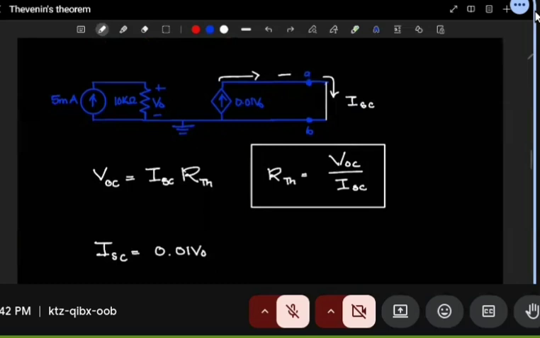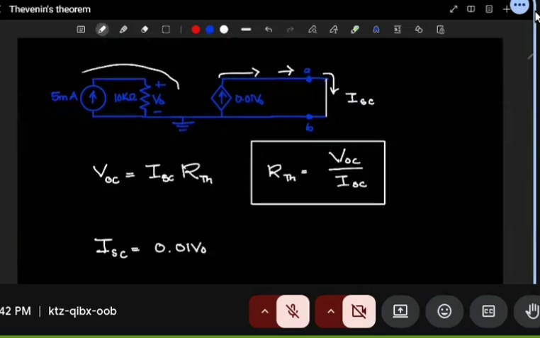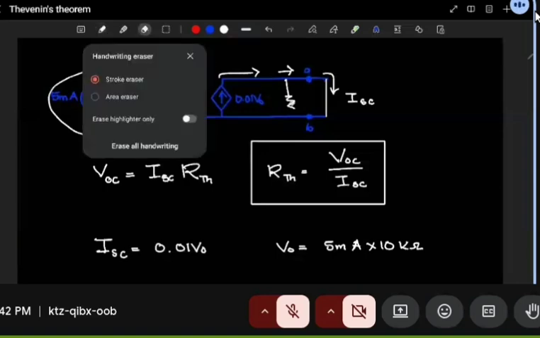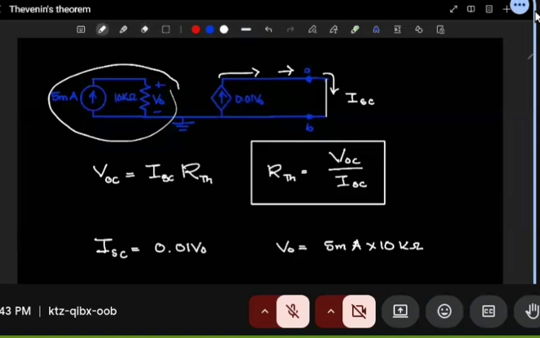But on the other side, notice that the absence of this resistor hasn't changed anything. For this circuit, we still have the voltage V0 equal to 5 milli multiplying the 10 kilo. In some problems of this nature, the absence of this resistor will affect one of the terms on this side, so be on the lookout for such questions. Here, nothing changes. The milli will still cancel with the kilo, giving us 5 by 10, giving us 50 volts.